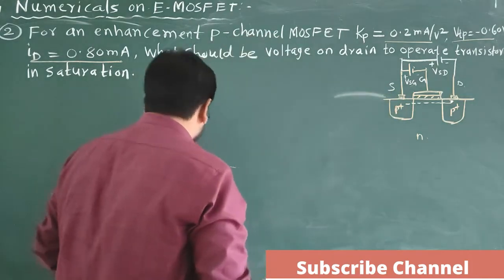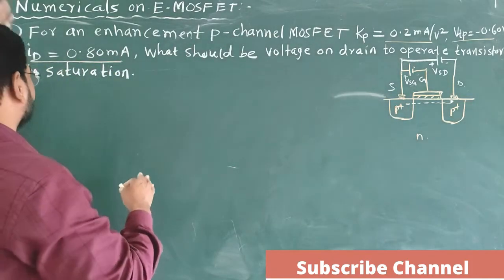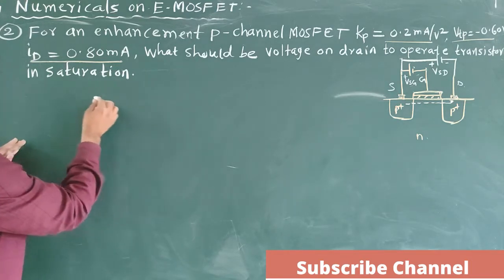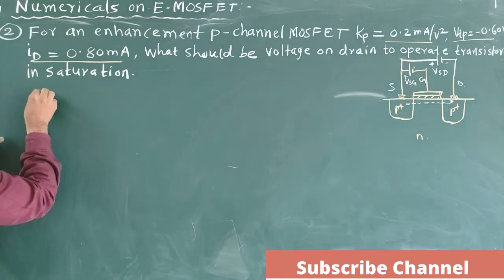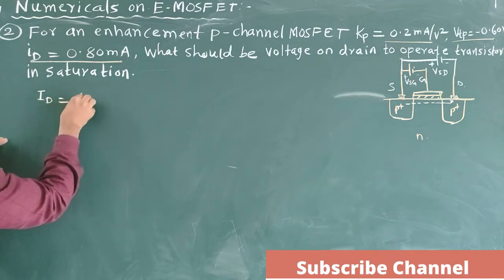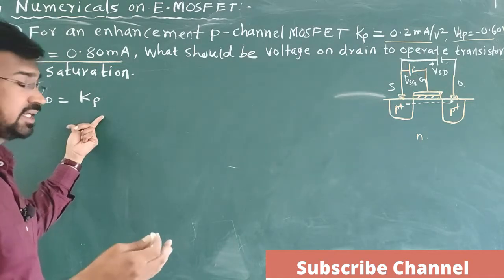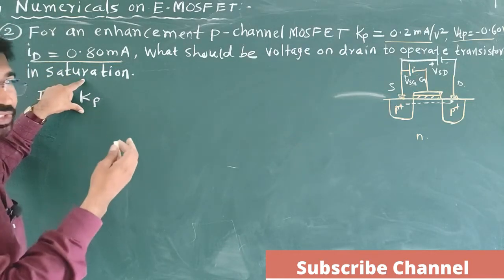Okay. Now, what is the equation for PMOS in saturation? So we have ID is equal to, directly we can take Kp here, no need to take half, because the conduction parameter is already mentioned.